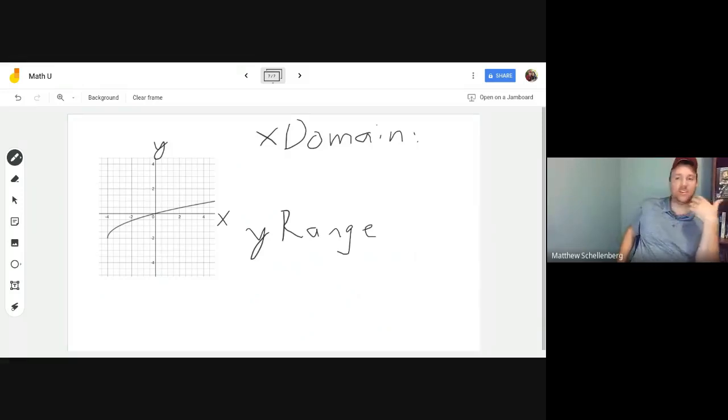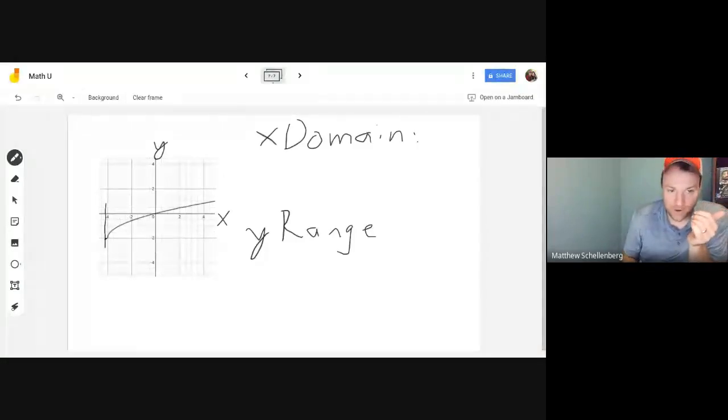What would be the smallest x value and what would be the largest x value? Well, the smallest x value is the furthest on the left. How far left does it go? I'm a little off the line, but it's the -4. This point right here, that -4 is the smallest possible value for x.